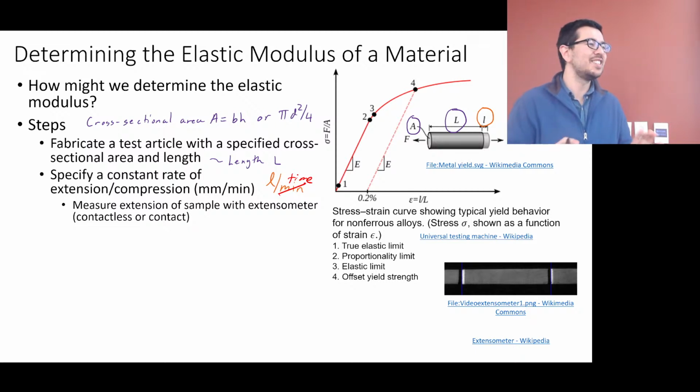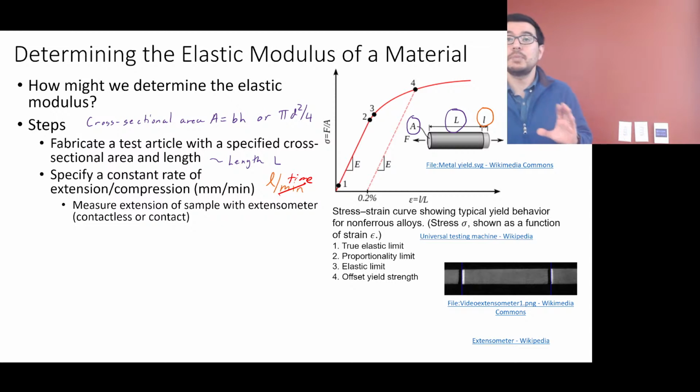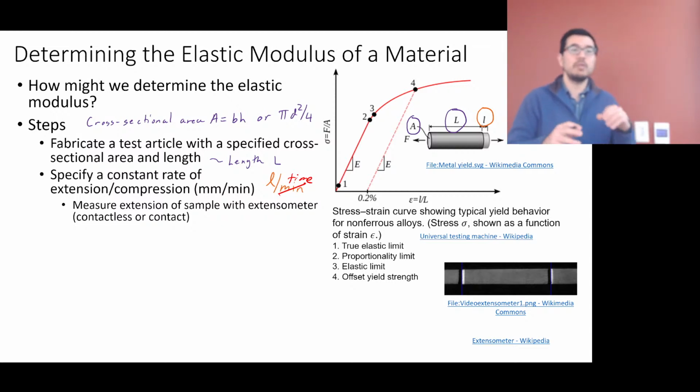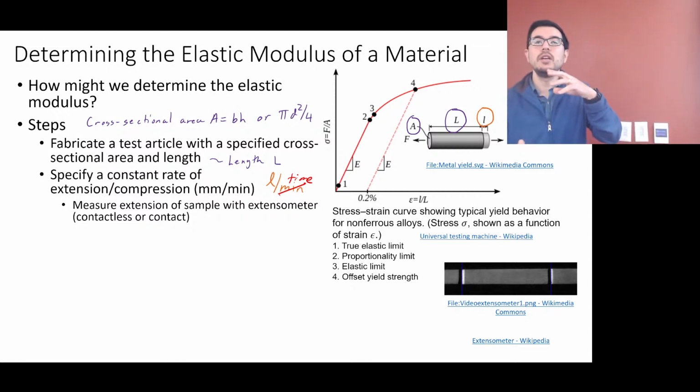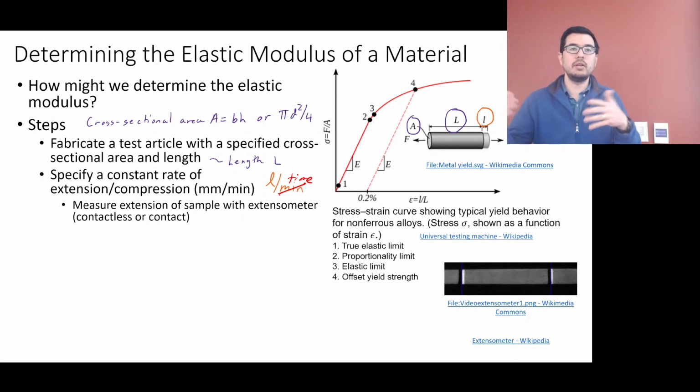So it depends on the system, especially with polymers, where the extension is going to be quite large and the machine is quite stiff relative to the polymer that you're testing. Yes, there's going to be some slop in either the gear train or the hydraulics, but you might be able to get away with that.